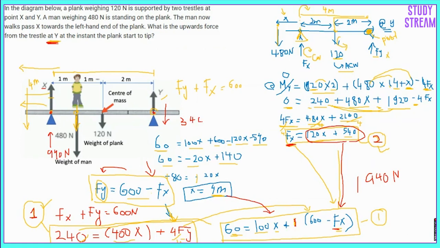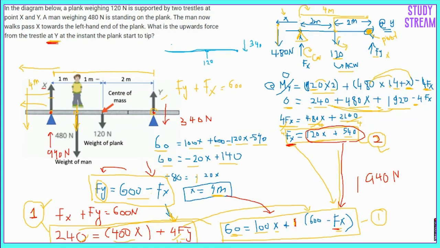Okay, I want you to visualize this, but I'm running out of colors. Honestly, it's a lot of sketching. I hope you're not confused. If you look at our plank right now, we said Fy is going down with 340 at point y here. Then we have 120 going down 2 meters away.